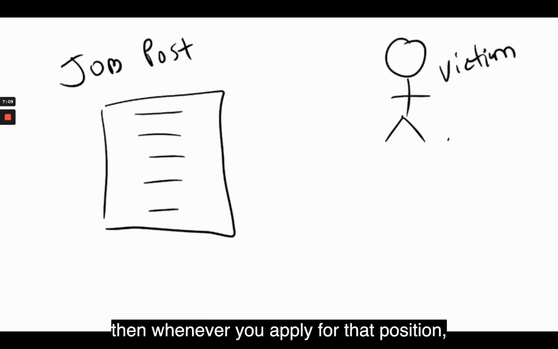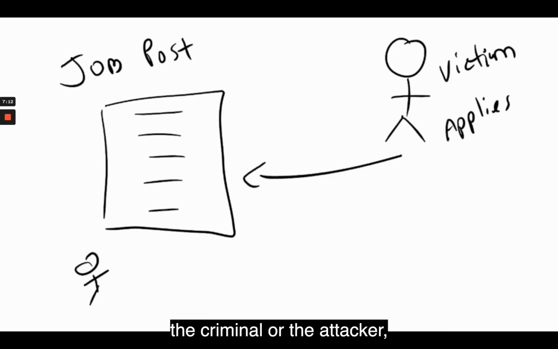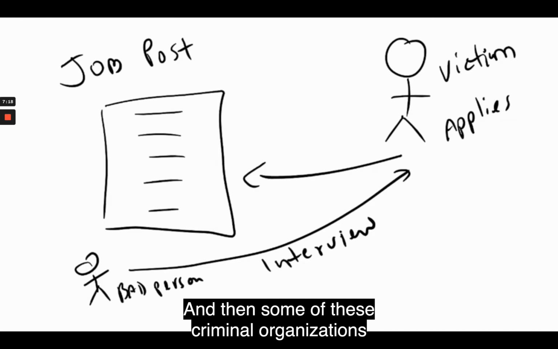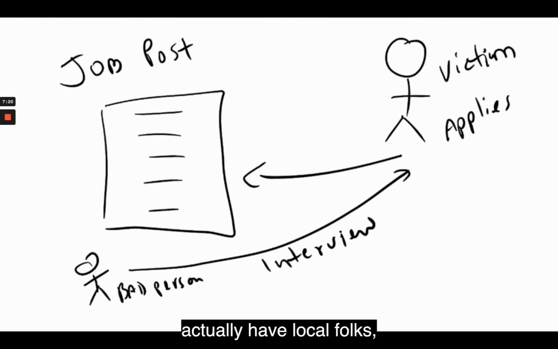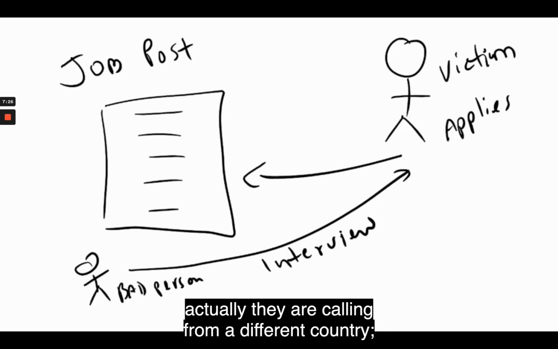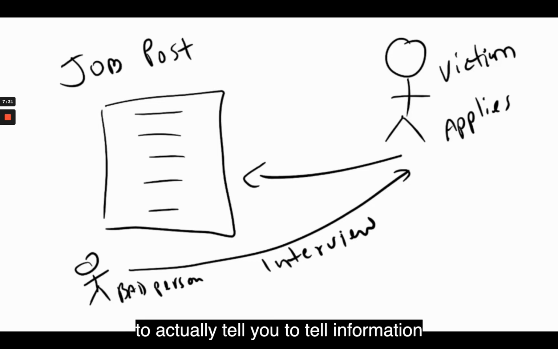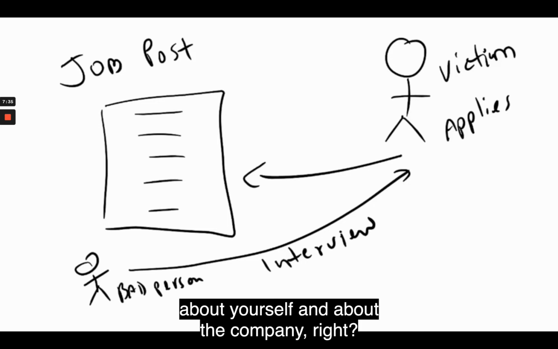Then whenever you apply for that position, the criminal or the attacker even schedules an interview with you, right? Some of these criminal organizations actually have local folks, so it doesn't look like they're calling from a different country. They will persuade you to tell information about yourself and about the company, right?